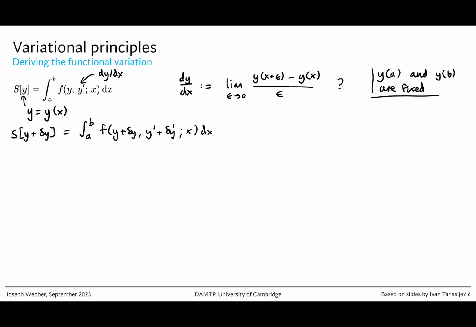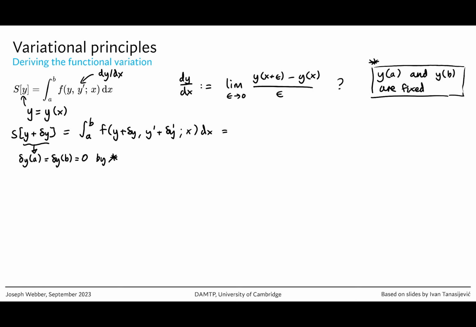And we'll just box that here because that's important. And because y of a and y of b are fixed, and we still want to consider y plus delta y as another function that might work, we need delta y of a equals delta y of b equals 0 by star, just to maintain the same boundary conditions.